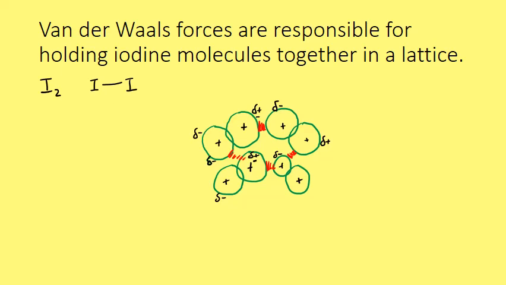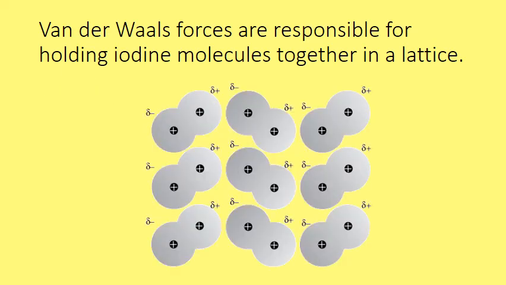And because my drawing is less tidy, I'm going to show you a more realistic picture of an iodine solid lattice. And here it is here. As you can see, the iodine molecules are arranged in a regular pattern, i.e. a lattice, when it's a solid.